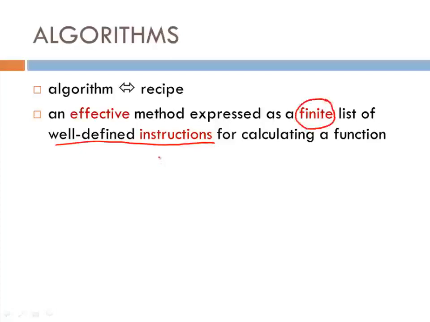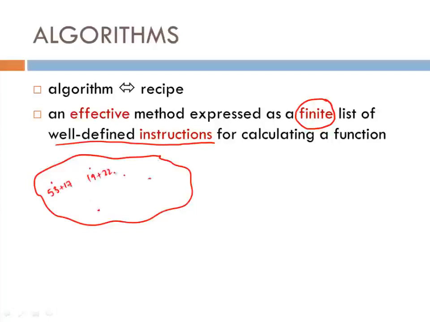So in general, problems will have infinitely many instances. For example, if you take the problem of addition, then there are many instances like 53 plus 17, 19 plus 22, and so on. But we want to give these instances to a single algorithm that has a finite description.